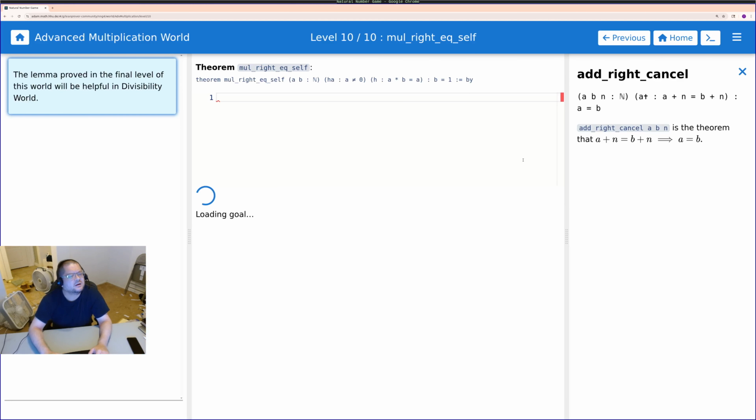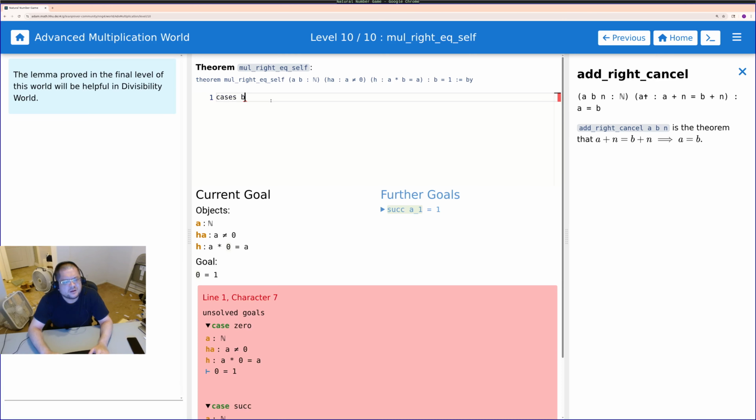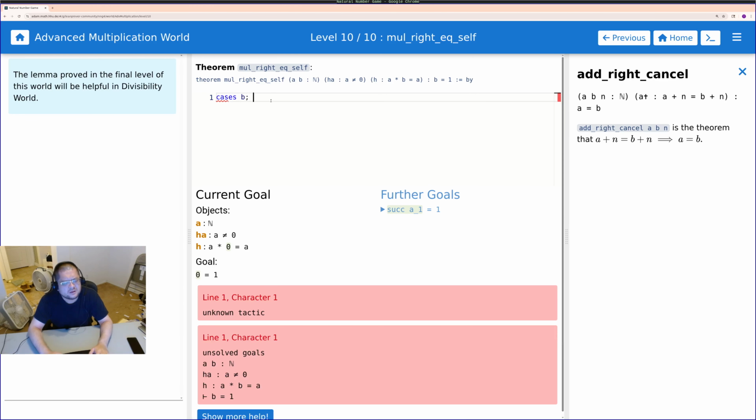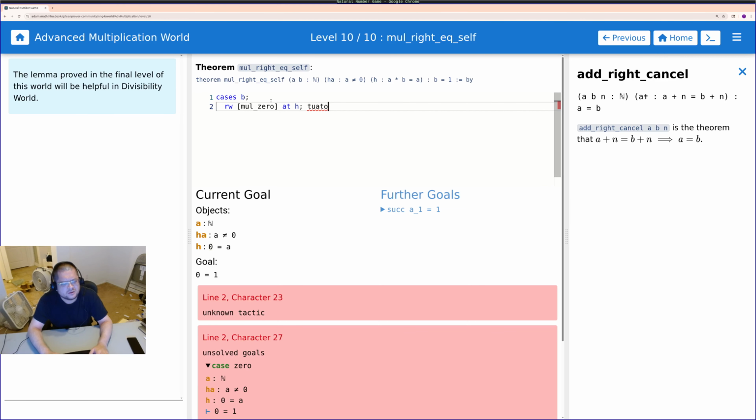Okay, last one. Proved helpful in divisibility world. I think I'm going to just break B apart and just analyze different cases and see what happens. This one here is I'm going to rewrite multiply by 0 at h, and then this is tautological.